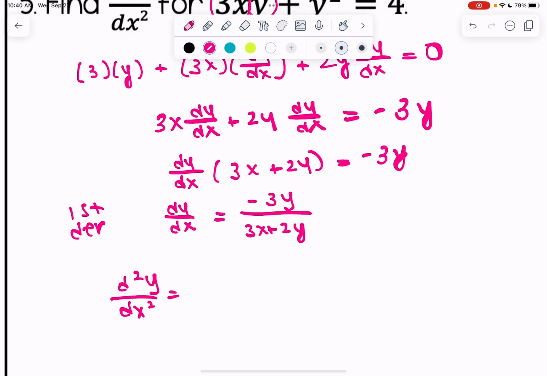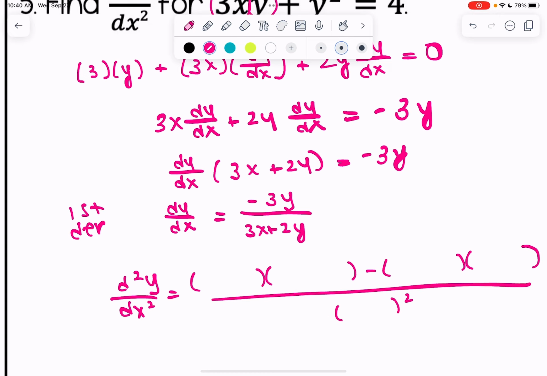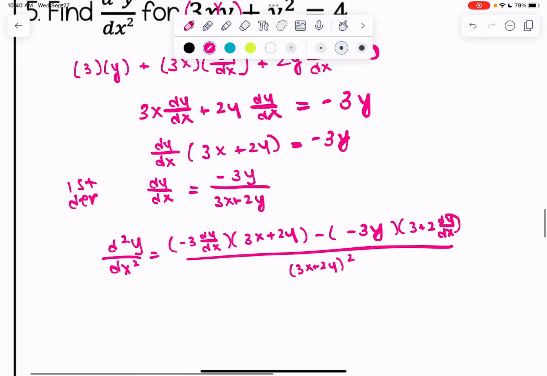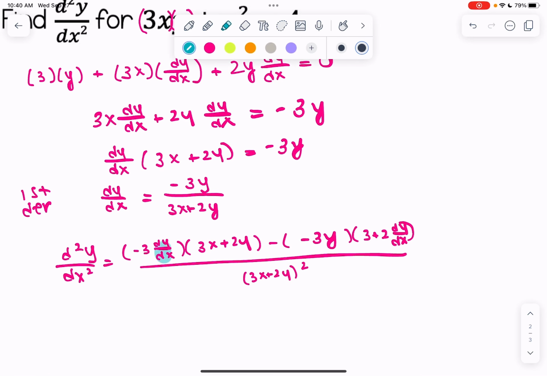And once again, I'm going to be using the quotient rule. That's very, very common in these problems. I'm going to fill in my original functions and then substitute in my derivatives. The derivative of negative 3y is negative 3 dy/dx. The derivative of 3x plus 2y is 3 plus 2 dy/dx. And I have a couple of places where I can substitute in here. Remember, we don't want our derivative to have dy/dx in it.